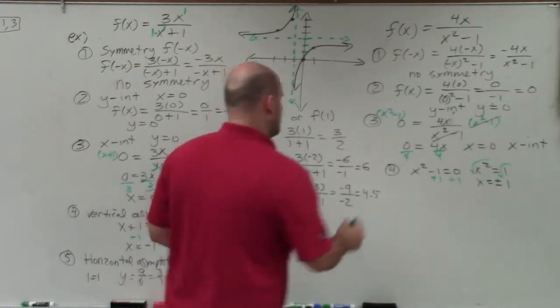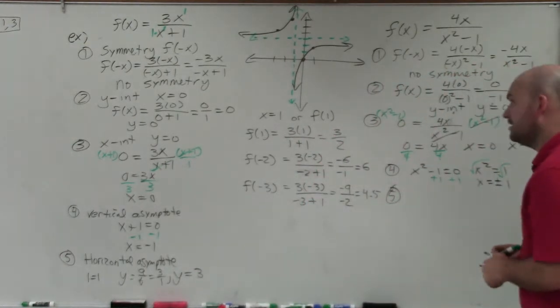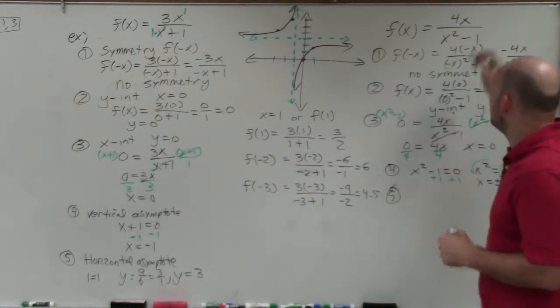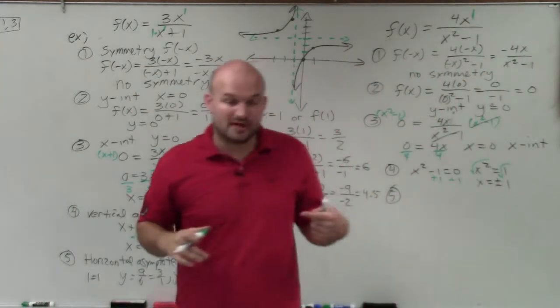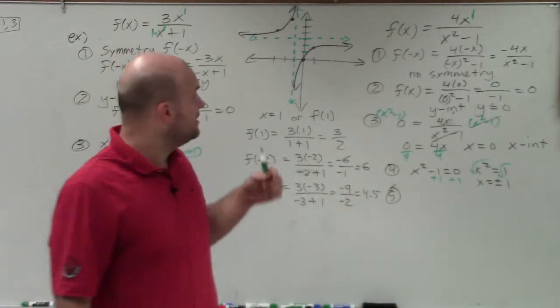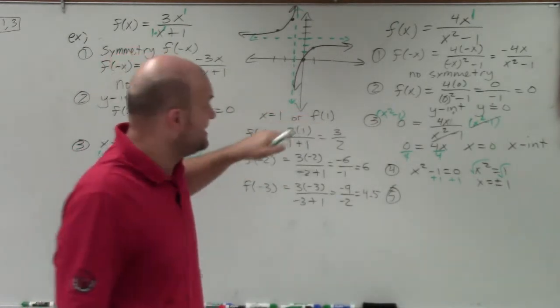OK, next step is to find my horizontal asymptote. Actually, you know what? I think I'm going to be able to fit this in here. For the horizontal asymptote, we look at, again, the degrees here. So now you can see that my numerator has a smaller degree than my denominator.